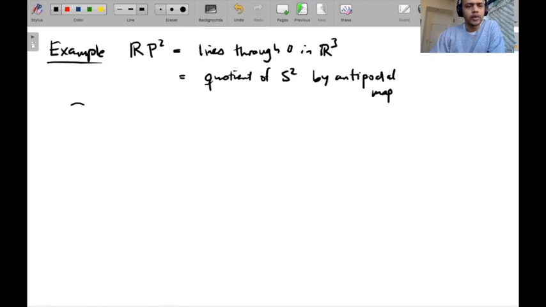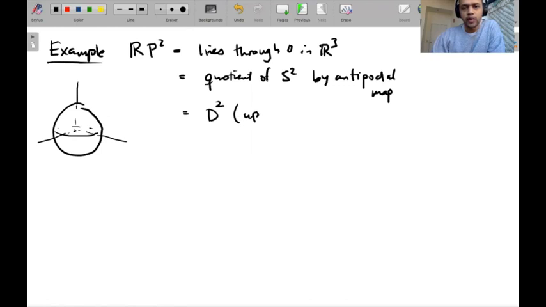And the way we reasoned about that was, every line through the origin in R3 intersects S2 in 2 points, antipodal points. And so that's why these are the same thing. Or we could also think of this as the 2-dimensional disk.